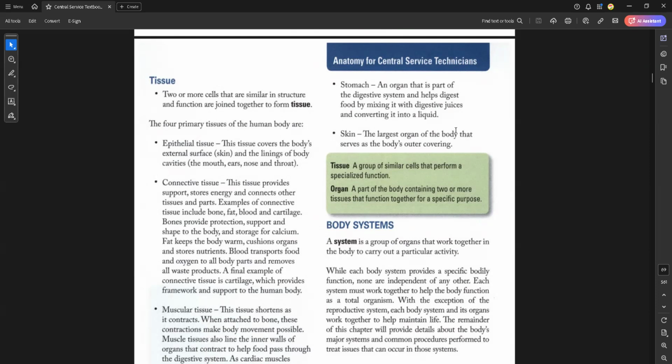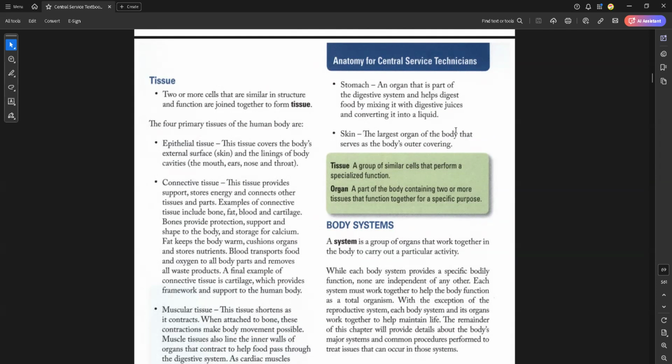Now, the tissue is that when two or more cells, so guys, two rounded cells in the eye that will enable us to see, when they come together, we call them the eye tissue or the tissue of the eye. So they must be similar in function and structure.